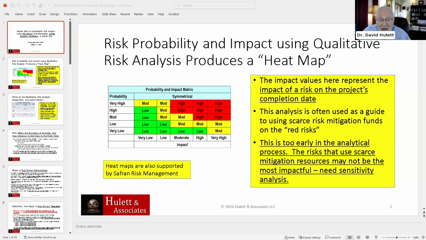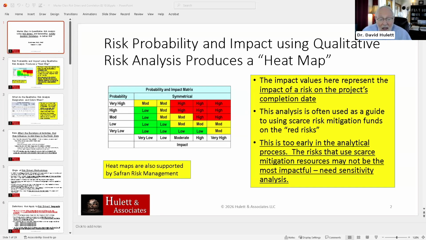That's the difference. In qualitative risk analysis, you remember they don't have a schedule, or maybe they have a schedule, but they're not using it. So they have rules, guidance that they give to the people in the risk workshops, that impact moderate, high, and very high, for instance, might gain a risk a red or high assessment, depending upon the probability, of course.